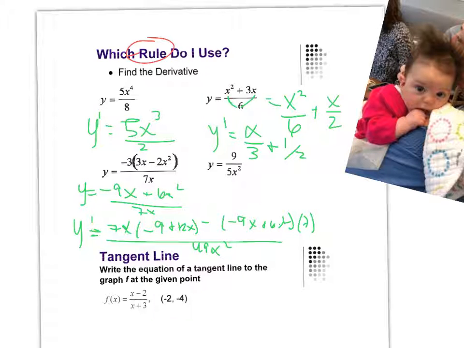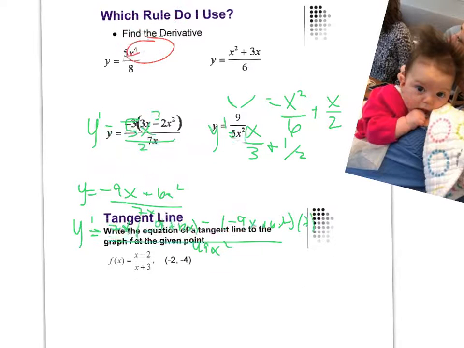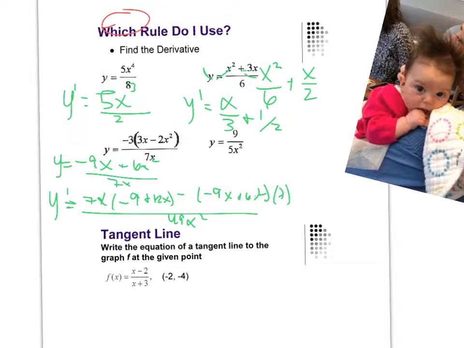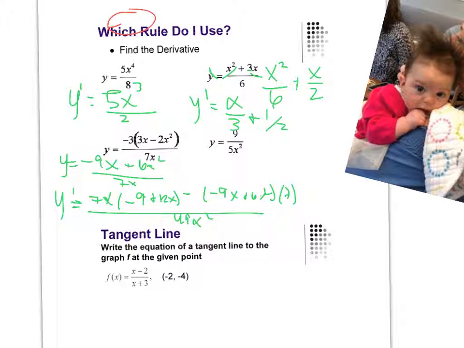All right, the next question I would like for you to figure out is the right-hand side, because that was kind of a challenging, long question. If you need to see the answer written out from the previous question, it was 18x minus 18 over 7x.